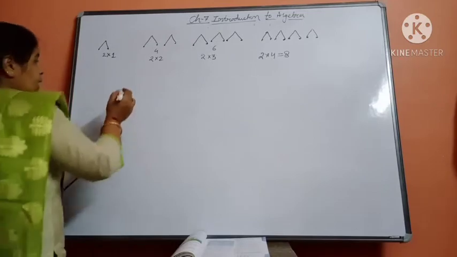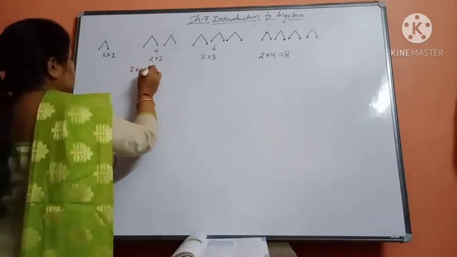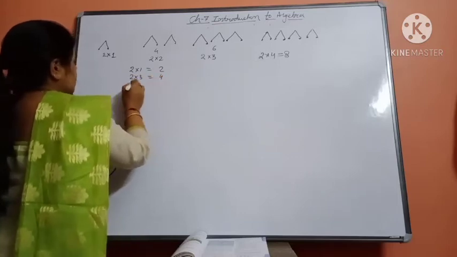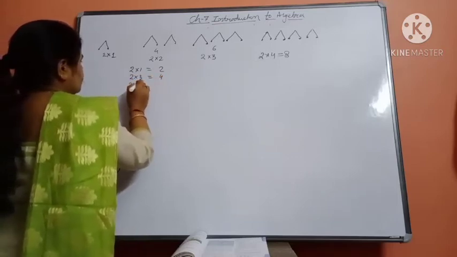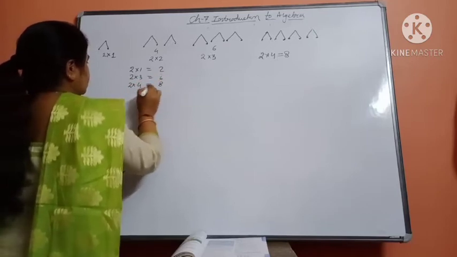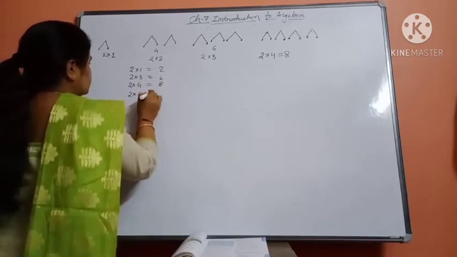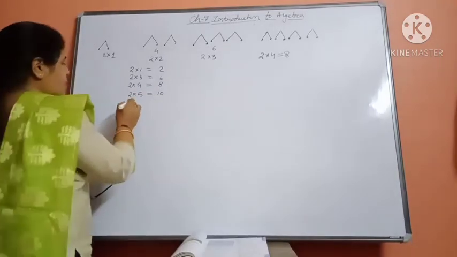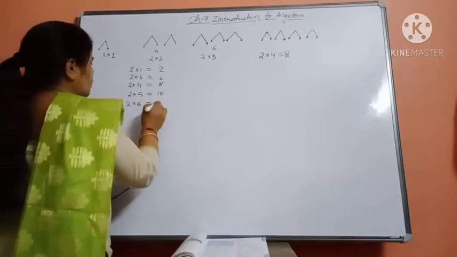See that 2 into 1 will represent 2, 2 into 2 will represent 4 matchsticks, 2 into 3 will be 6, 2 into 4 is 8, 2 into 5 is 10, 2 into 6 is 12 matchsticks.